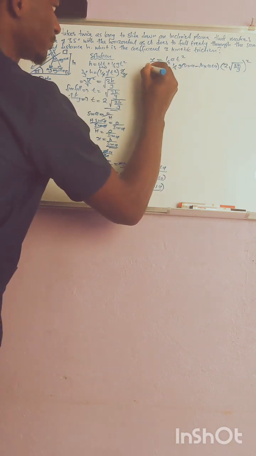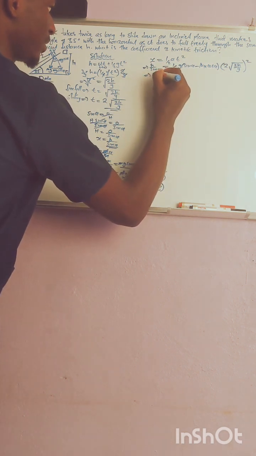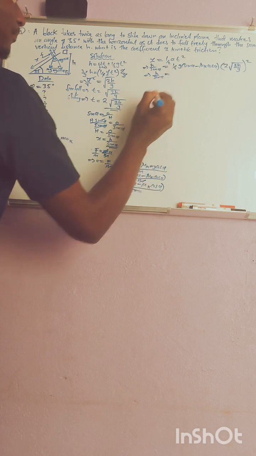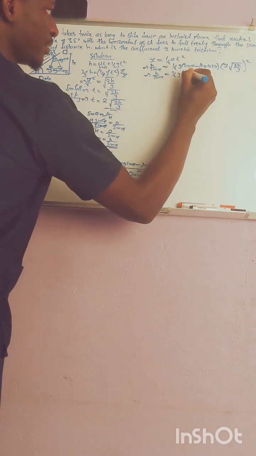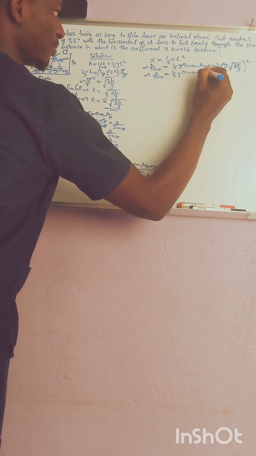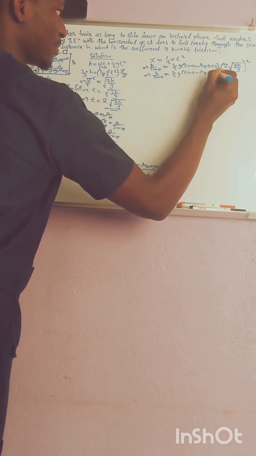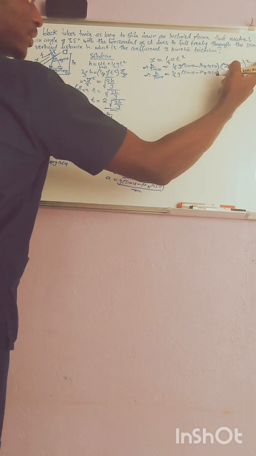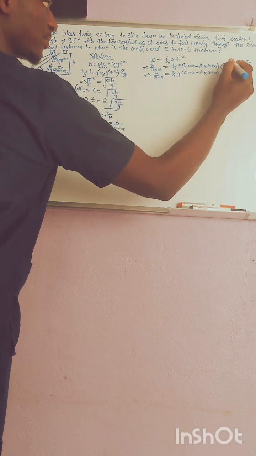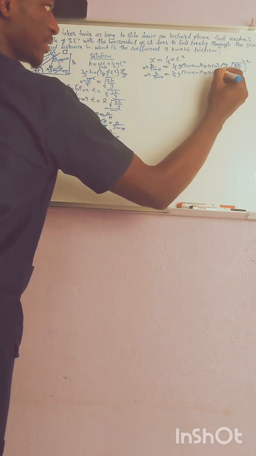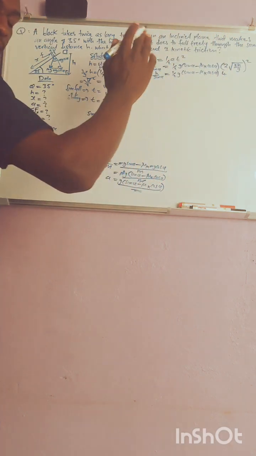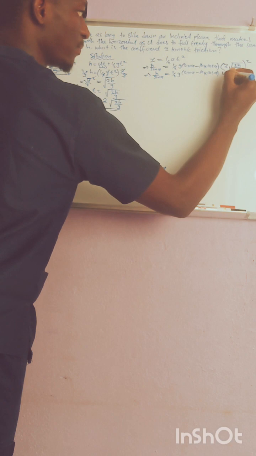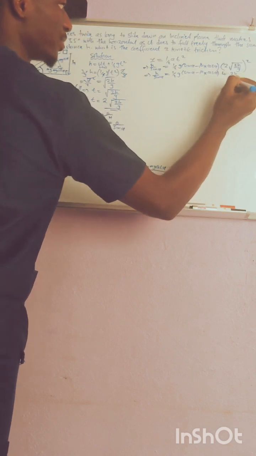So this implies that h over sin theta will be equal to 1 over 2 times g times sin theta minus mu k cos theta, times 2 squared, which is 4, and the square root times the square root gives 2h over g.